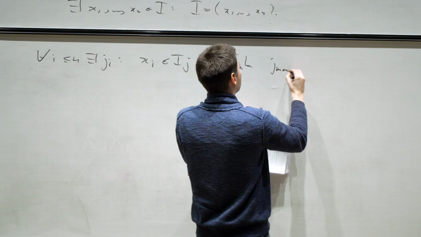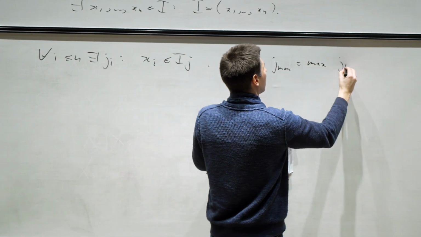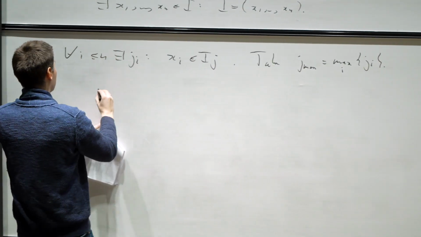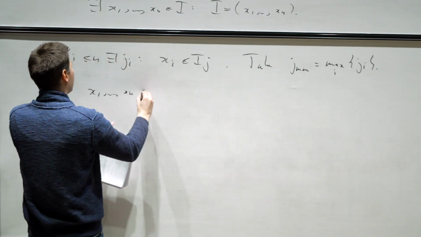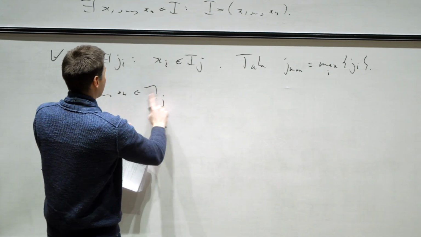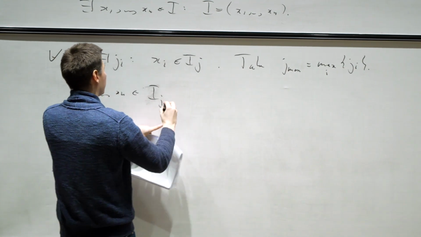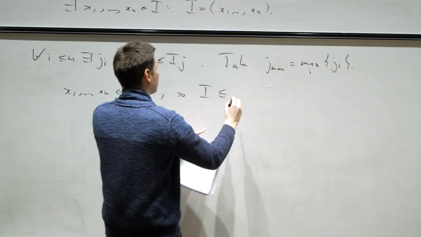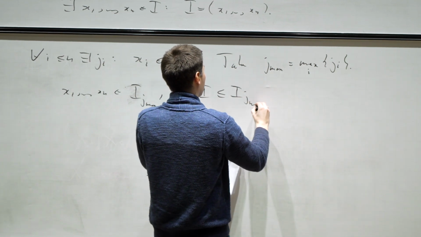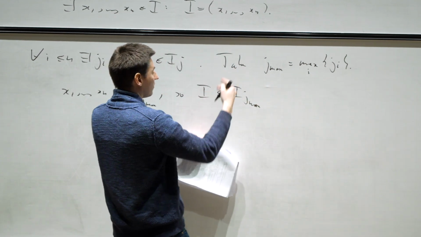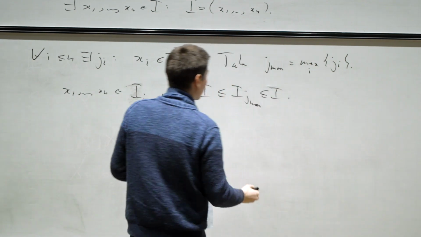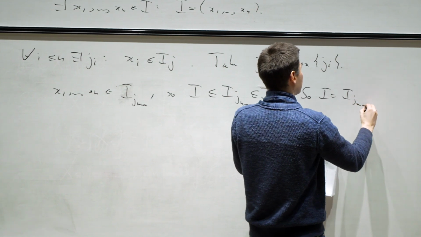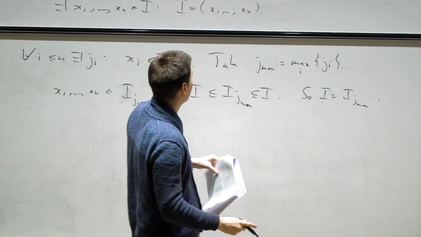Take j_max to be the max of the j_i's. Now x1 up to xn all lie in I_{j_max}. So I sits inside I_{j_max}. But of course, this is a union of a chain that grows, so I_{j_max} is inside I. So they are equal. So I_{j_max} is the k that we wanted. That was one direction.